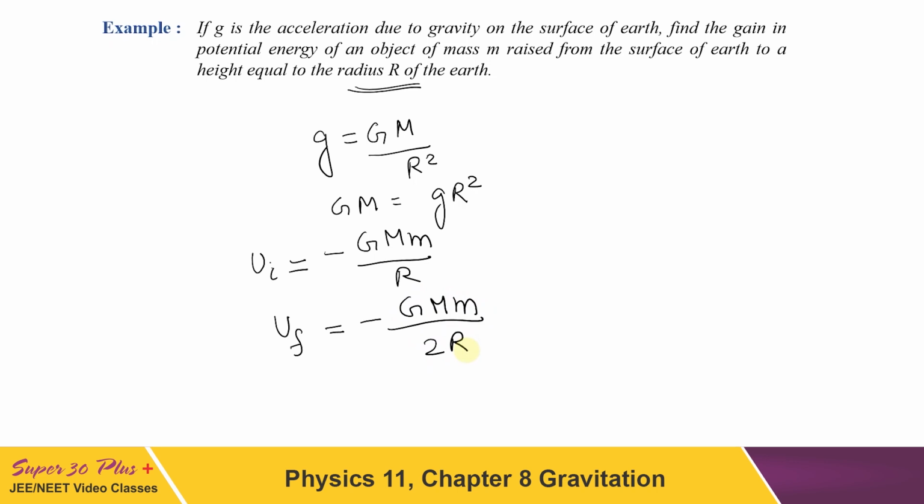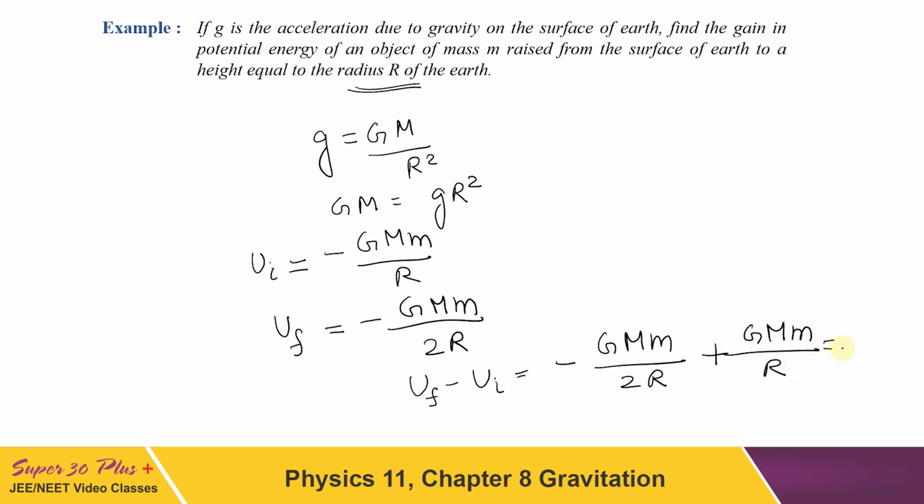And so we can write the change in potential energy, which is Uf minus Ui, to be equal to minus GMm/2R, then minus minus becomes plus, it is GMm upon R. On solving this, the result will be GMm upon 2R.